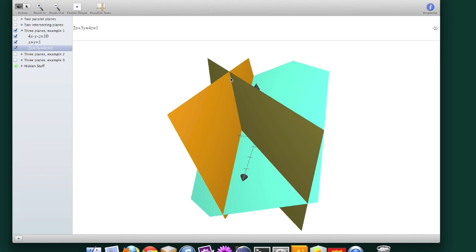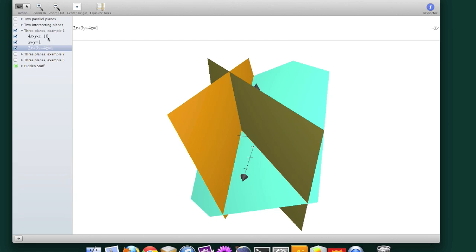So my first two intersected in a line right along here. My blue plane came in and touches that line, that is the intersection of both of the first two, right here, and this single solitary point is the solution to the system of three equations.